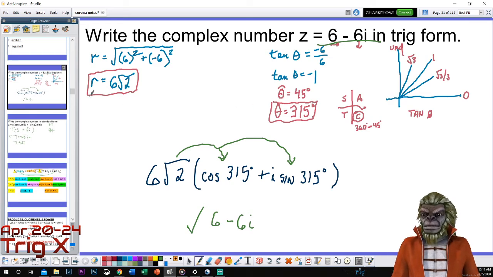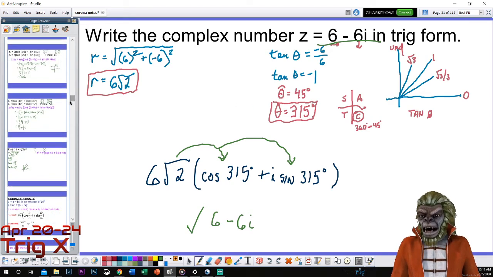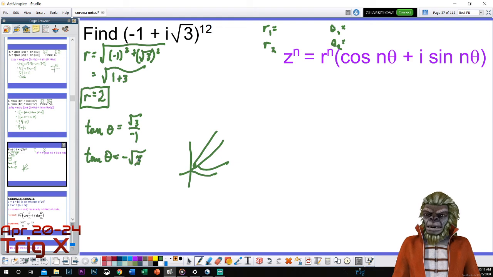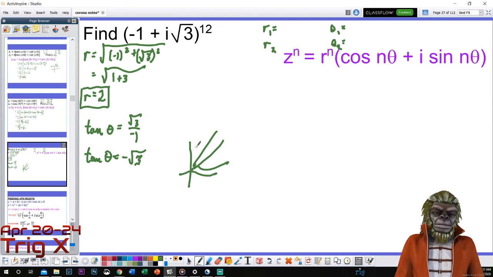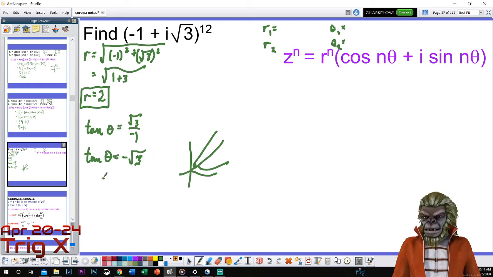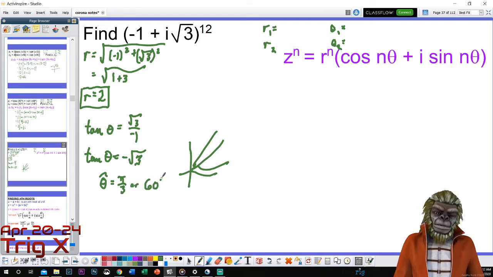And hopefully you would say that the square root of 3 is up here at ring finger. That's going to be pi over 3. So I'm going to let this be pi over 3, or if you prefer, 60 degrees. Most of you prefer degrees, so I'm going to stick with 60 degrees here.